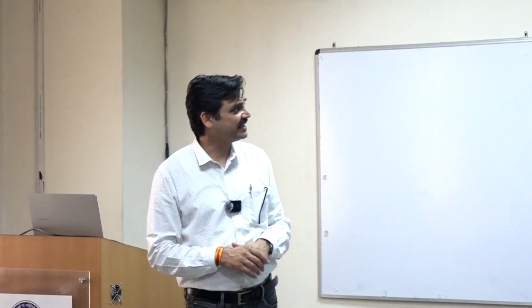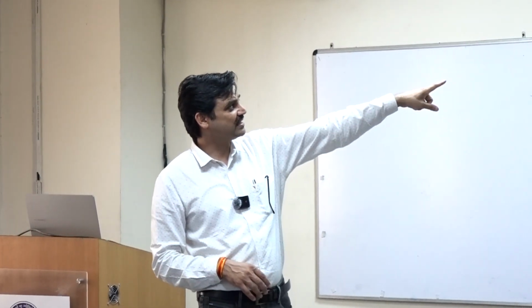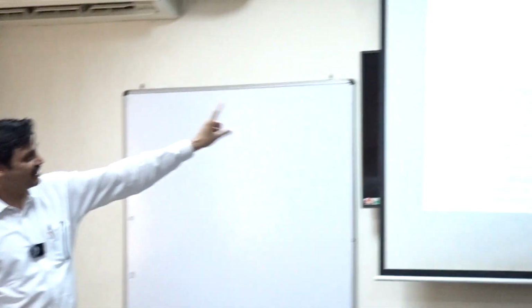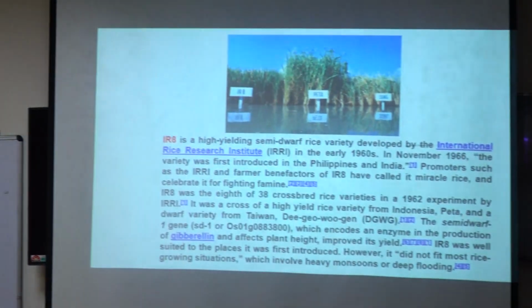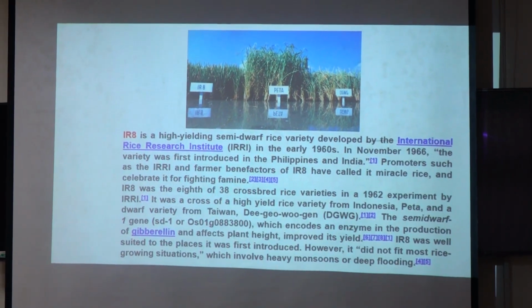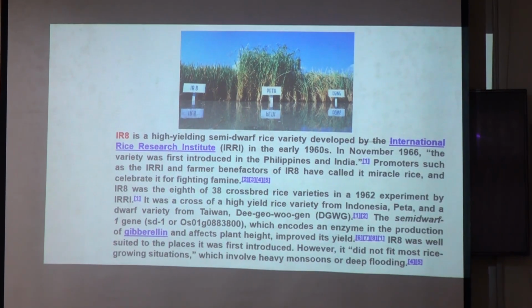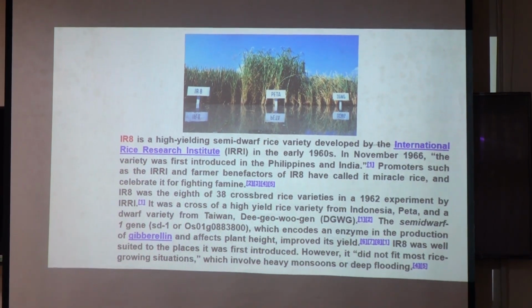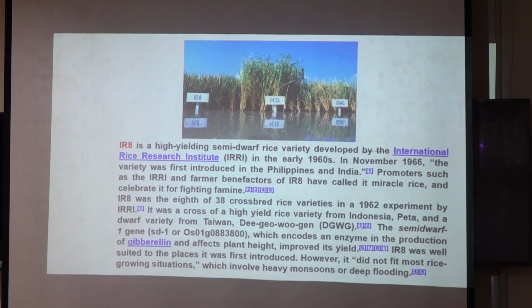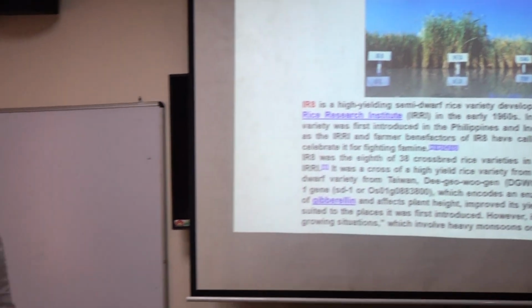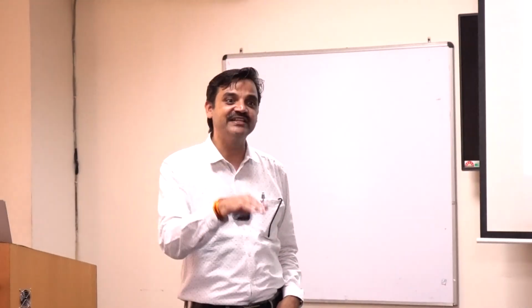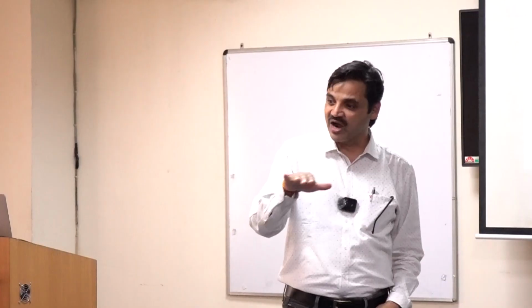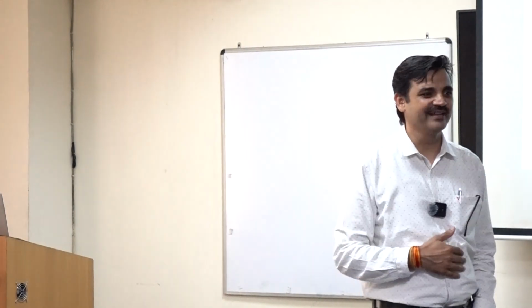You have rice that is from Peta, that is basically tall, and then the DGWG gene, that is from Taiwan, short, and then the IR8, that is a semi-dwarf rice that was made through the breeding process. So this is how plant height of wheat and rice was reduced to half of the level, and we didn't take it. 1950 it was made.